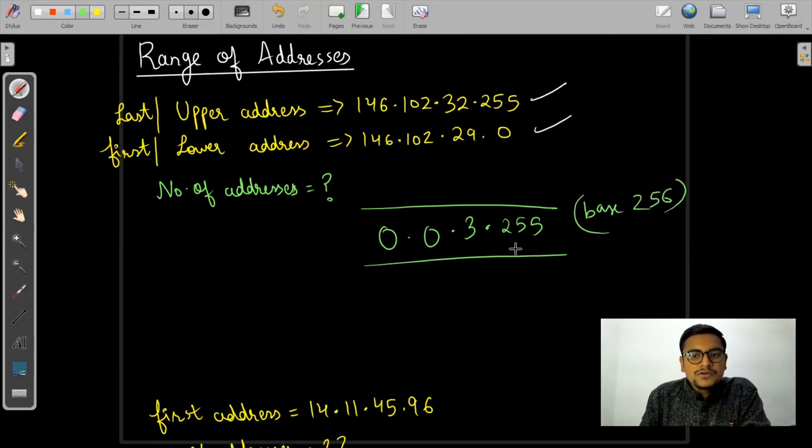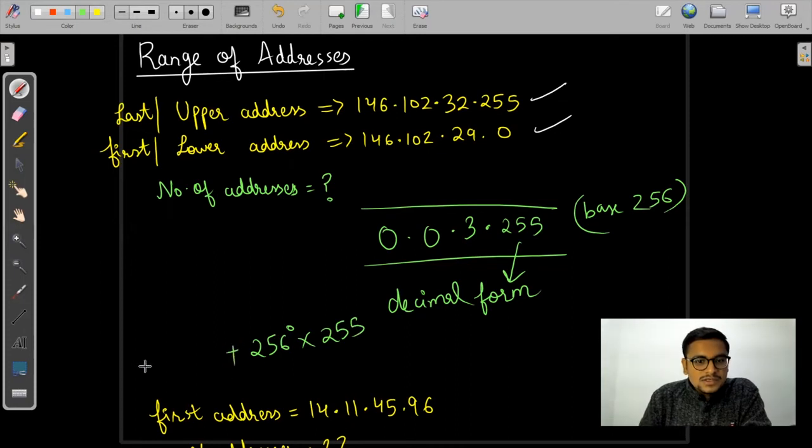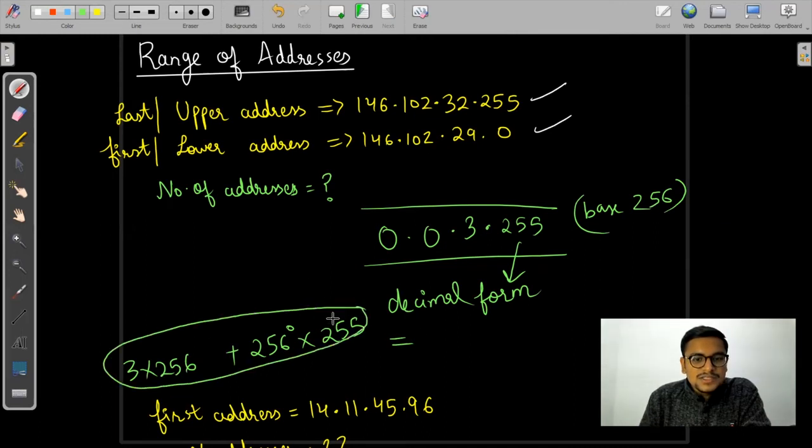Now all we need to do is convert this base 256 into decimal form. To convert it into decimal, what we do is 256 to the power 0 into 255 plus 3 into 256, and this is the number of addresses. This is basically the decimal form of this.